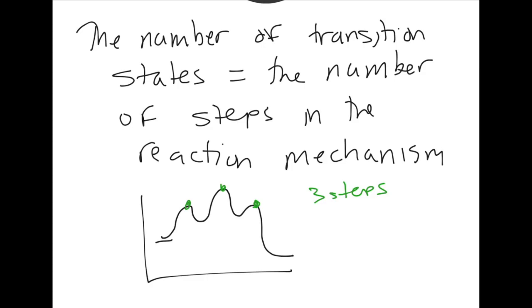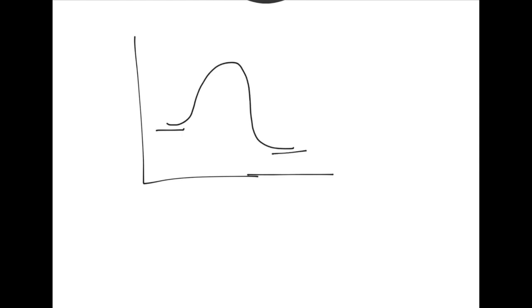Just count the transition states, count the tops. How many steps are here? One. Super easy. There's one step because there's one transition state.